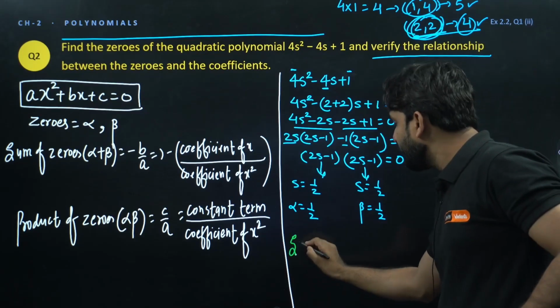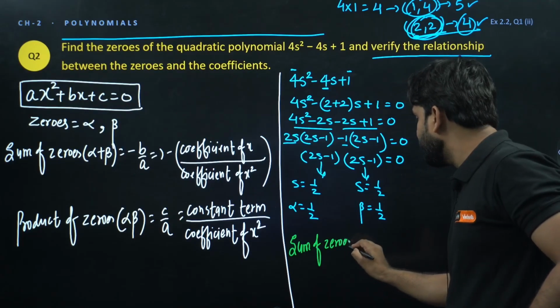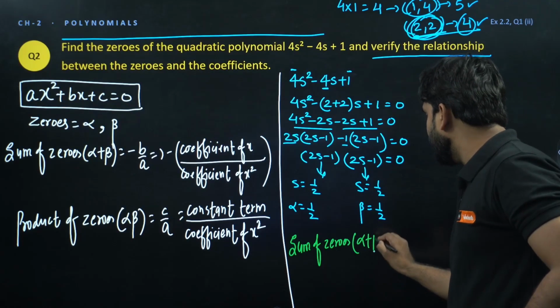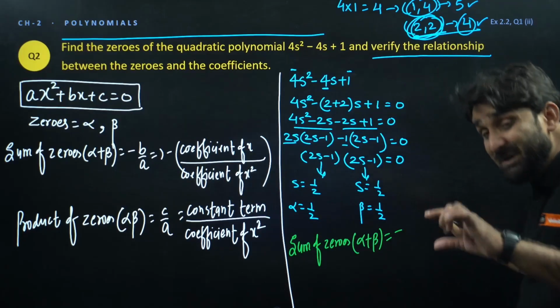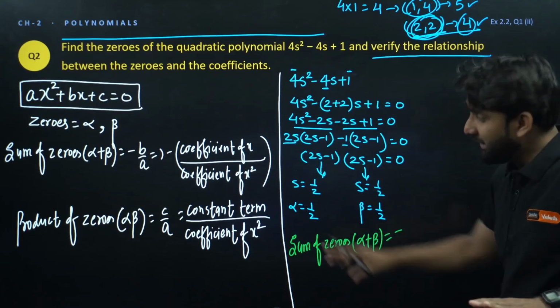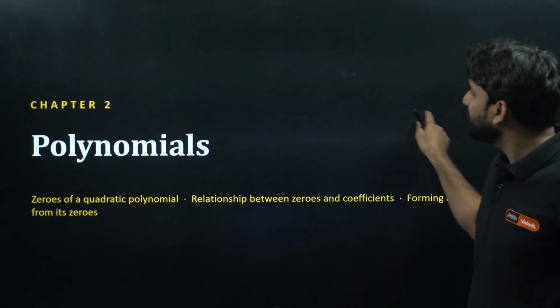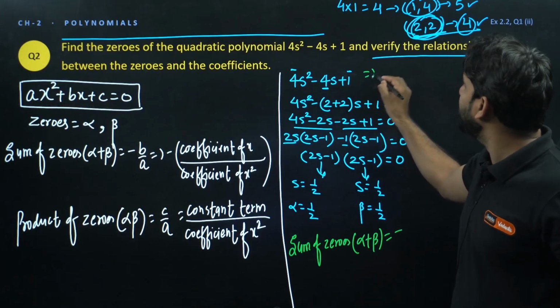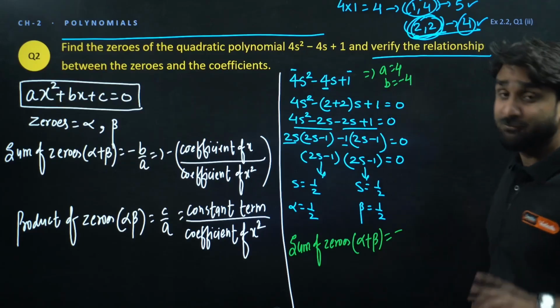First I'm doing the sum of zeros. Sum of zeros means alpha plus beta, which is equal to minus b by a. This minus will come automatically due to the formula. But here, you can see this is b. What is a here, champion? A is 4. What is b here? B is minus 4, not 4.